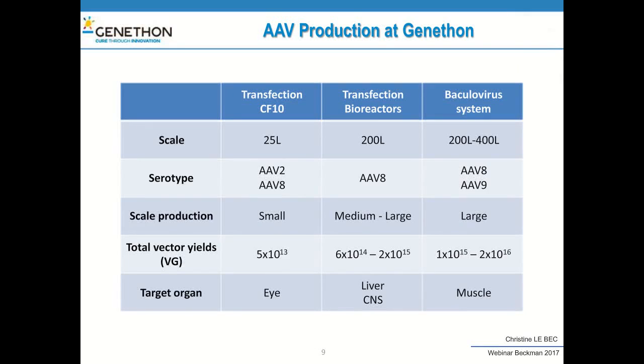The AAV production at Genethon is based on three different processes: transfection in cell factory, transfection in bioreactor in suspension, or using the Baculovirus system.